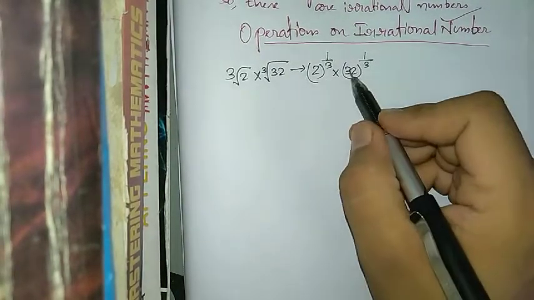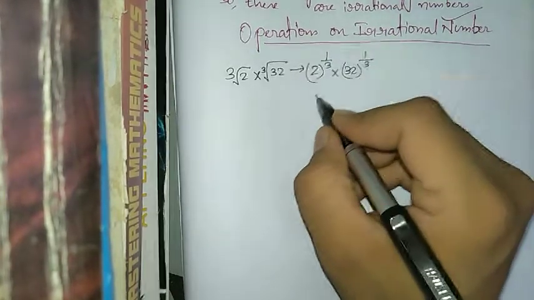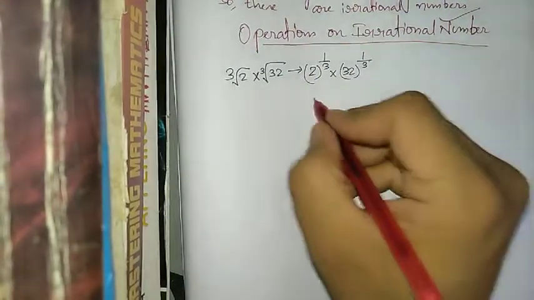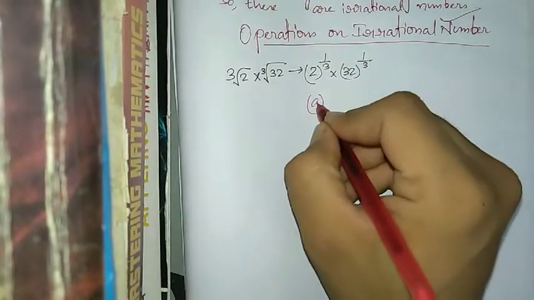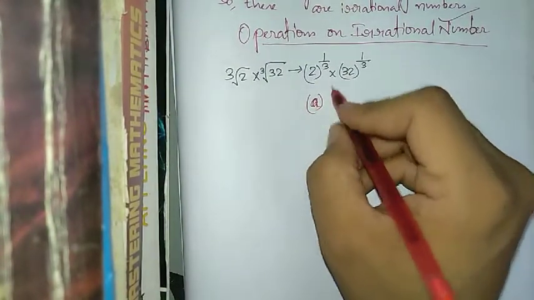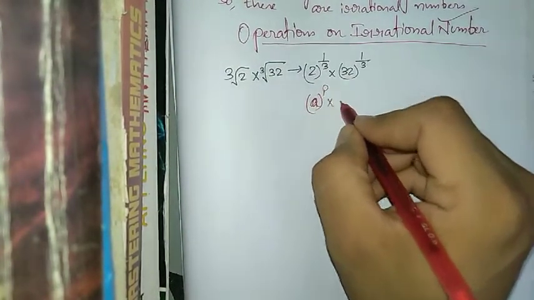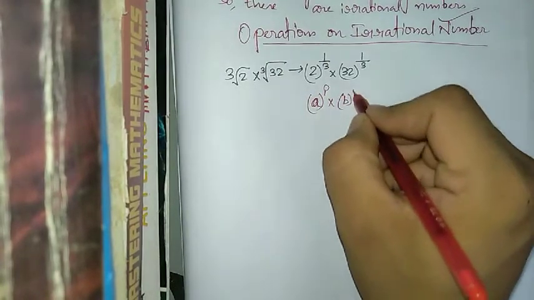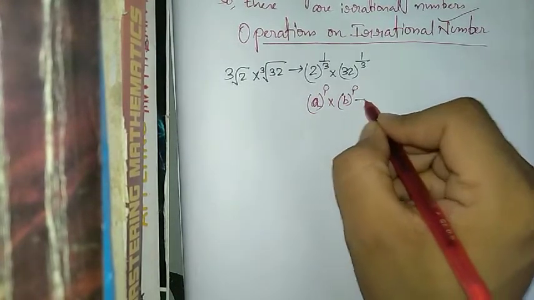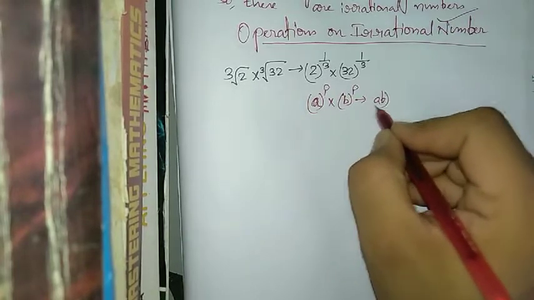So you see that the bases are different. So this is a power p multiplied by b power p, which is ab power p.